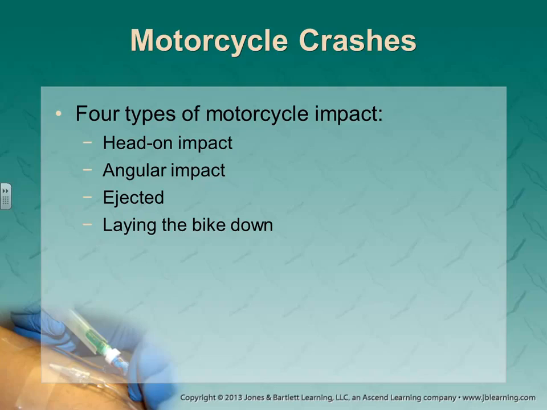Especially if they've got their protective clothing on, as they see that they're about to make impact with something, they learn to lay their bike down, so that the bike goes on, they get slowed down by the surface, and they don't make direct impact with the bike, all right?